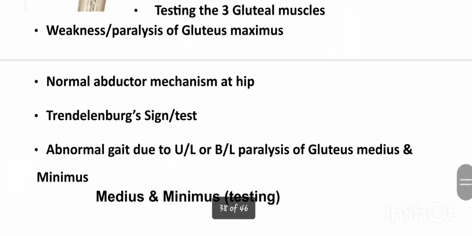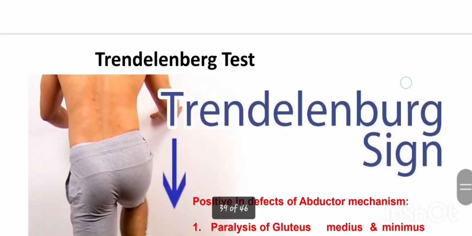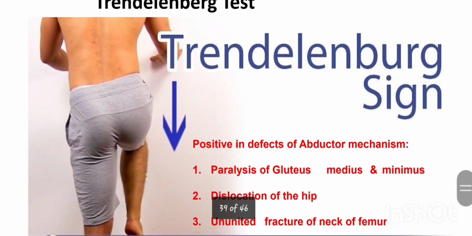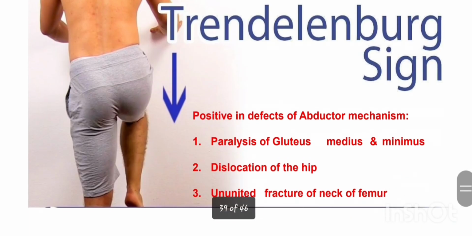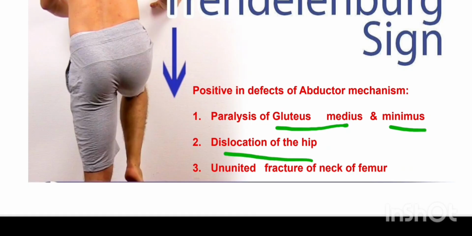Coming to the applied aspect, we are going to see the Trendelenburg sign, which has important clinical significance. When there is paralysis of the gluteus medius and minimus muscles, the Trendelenburg sign is positive.